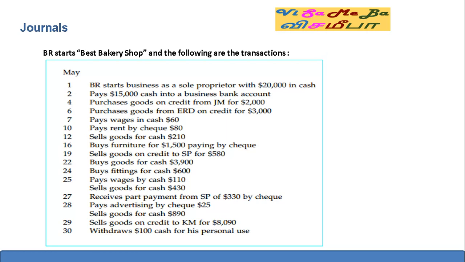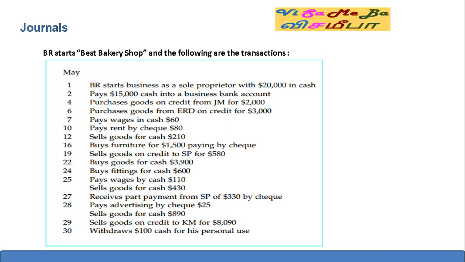We should understand that we are not preparing the journal entries in the books of BR, but we are preparing the journal entries in the books of Best Bakery Shop. So we have to stand in the shoes of Best Bakery Shop, and irrespective of BR being the proprietor, we have to treat them separately.